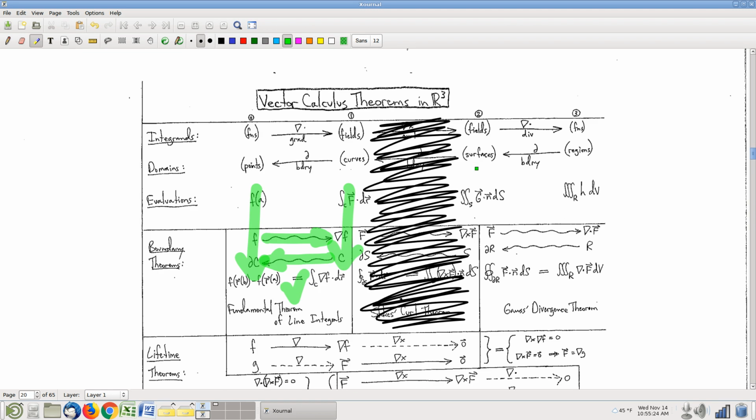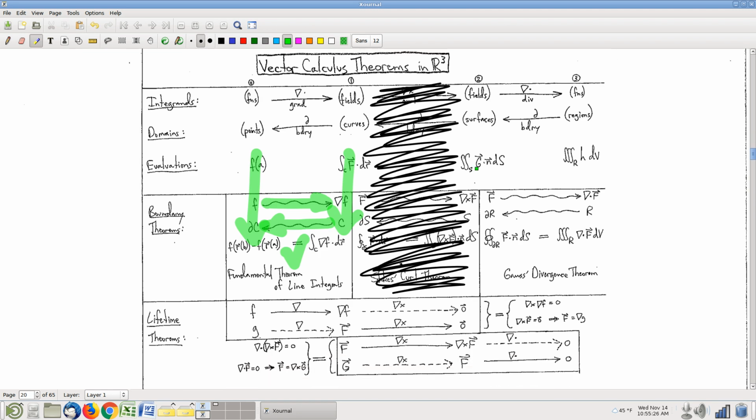Just tracing it through, what this says is, if you have a vector field and you compute its divergence, and if you have a solid and you look at its boundary surface, then the flux of the original vector field through that boundary surface versus a triple integral of the divergence over the original solid, which again I like to abbreviate, so that versus that, is the same thing.